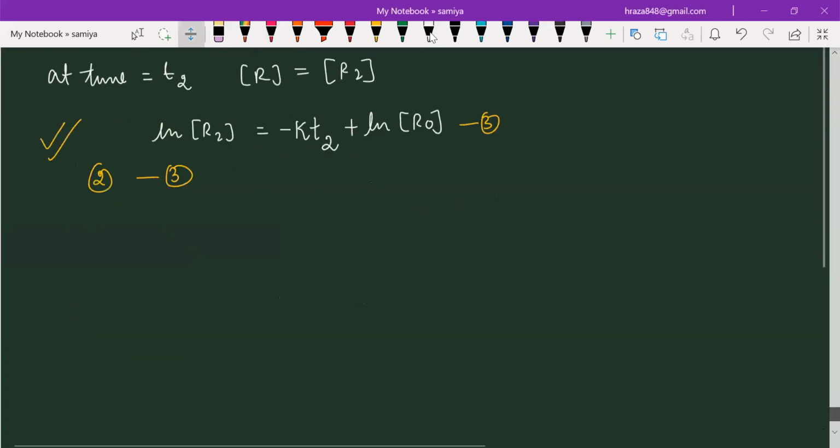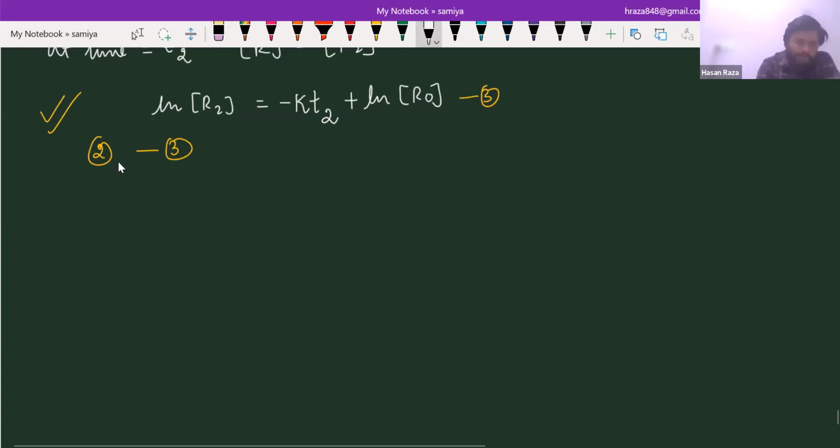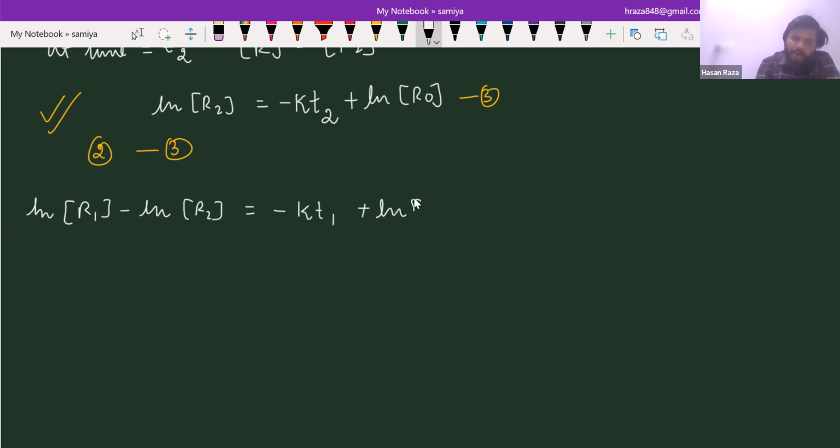Now see, I'm just going to solve this. It's very easy. If you subtract 2 minus 3, left will be subtracted from left and right will be subtracted from right. So this is minus k t1 plus ln R0. And what was on the third equation? Negative, since we are subtracting.